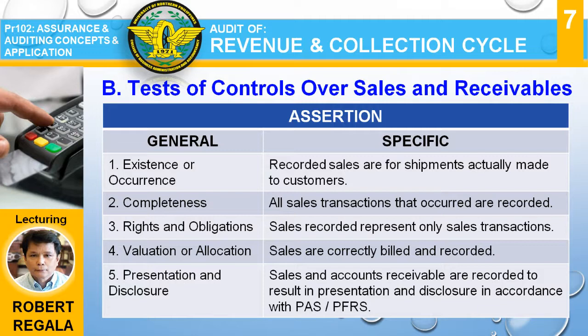Additionally, when the client is heavily invested in information systems, the controls and audit procedures will greatly differ from when manual controls are put in place. The audit of controls in an information system environment will be discussed in the future subject IS Audit.